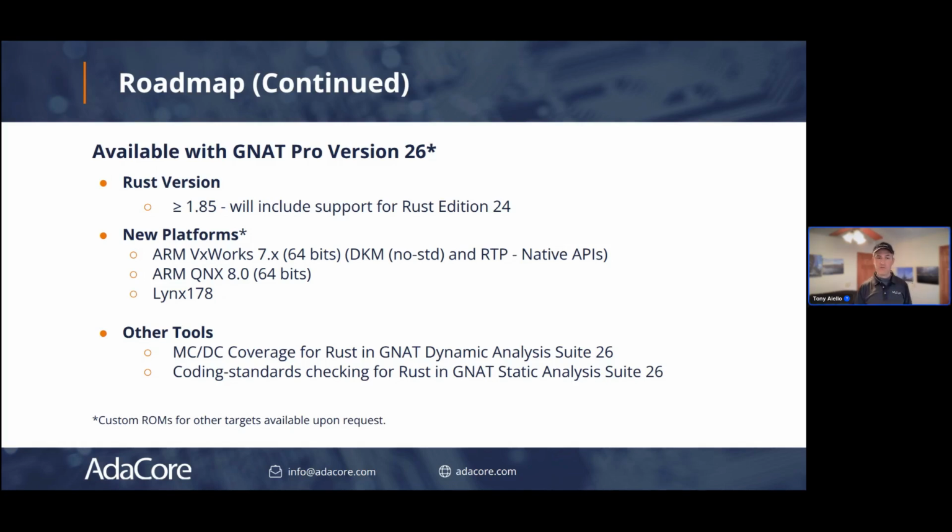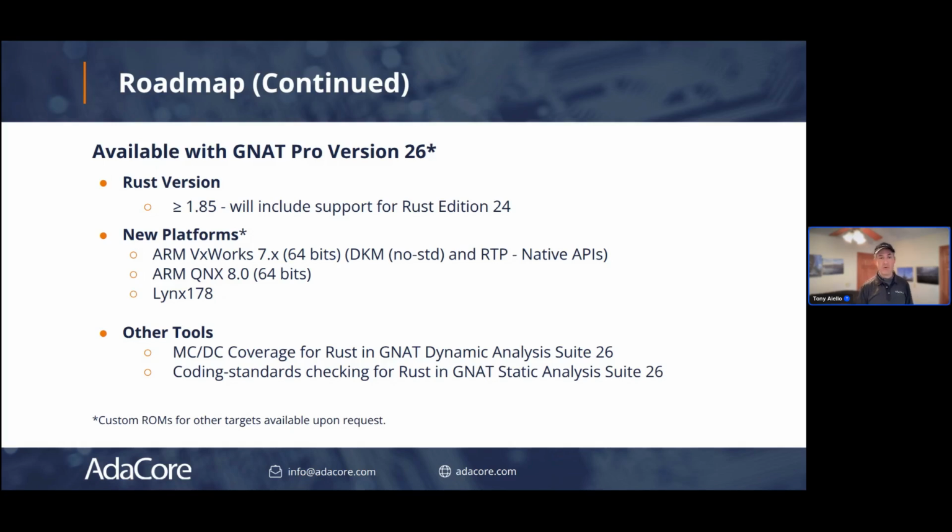In terms of tools, we will debut MC/DC coverage for Rust as a component of GNAT Dynamic Analysis Suite 26. We're also looking at a coding standard checker for Rust that would be included in GNAT Static Analysis Suite 26. And I should say a word about custom ports.